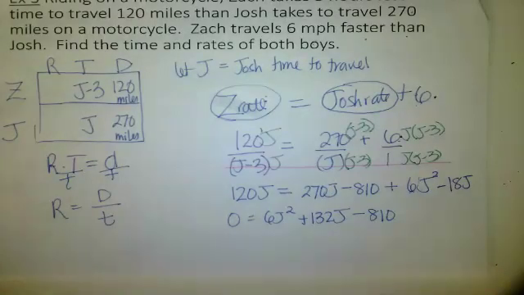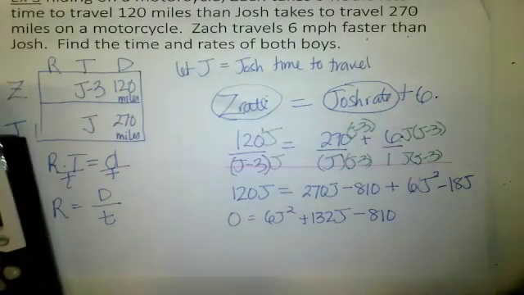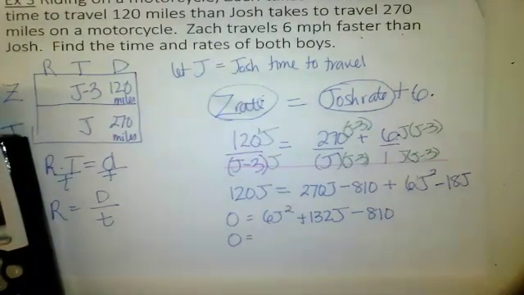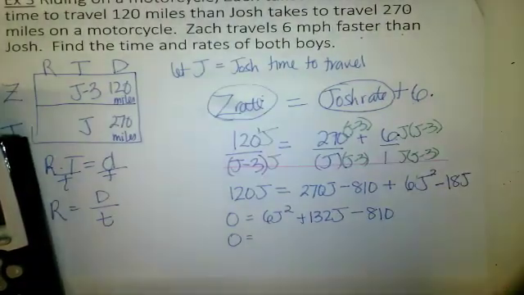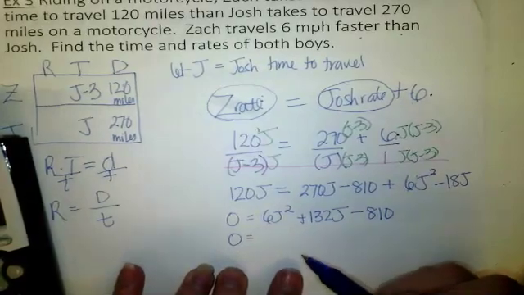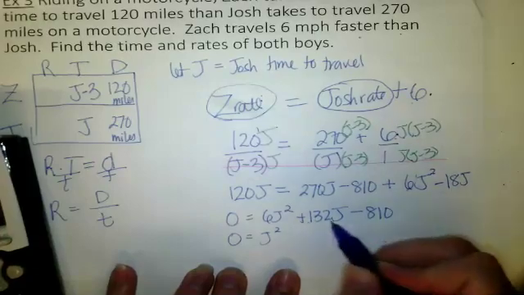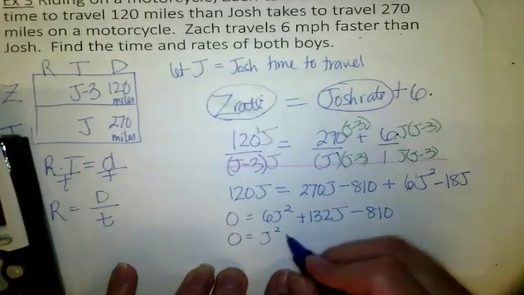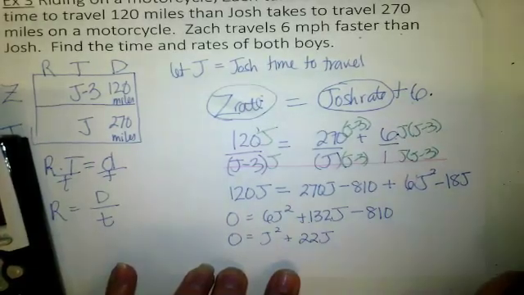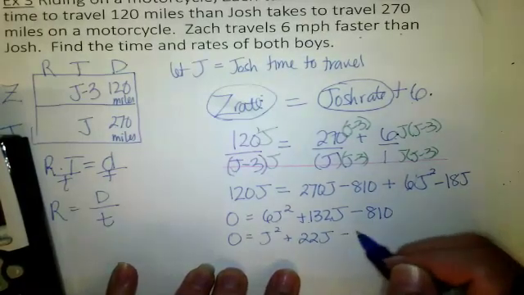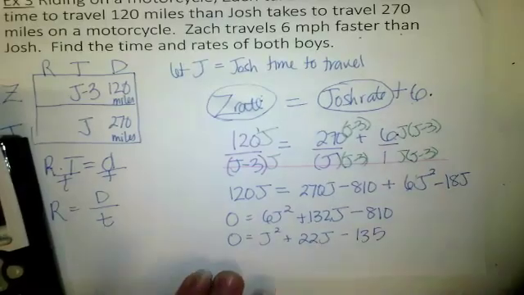Everything divides by 6, so that's super nice. I'm going to divide everything through by 6. J squared, 132 divided by 6 is 22, and then 810 divided by 6 is 135. Good grief.